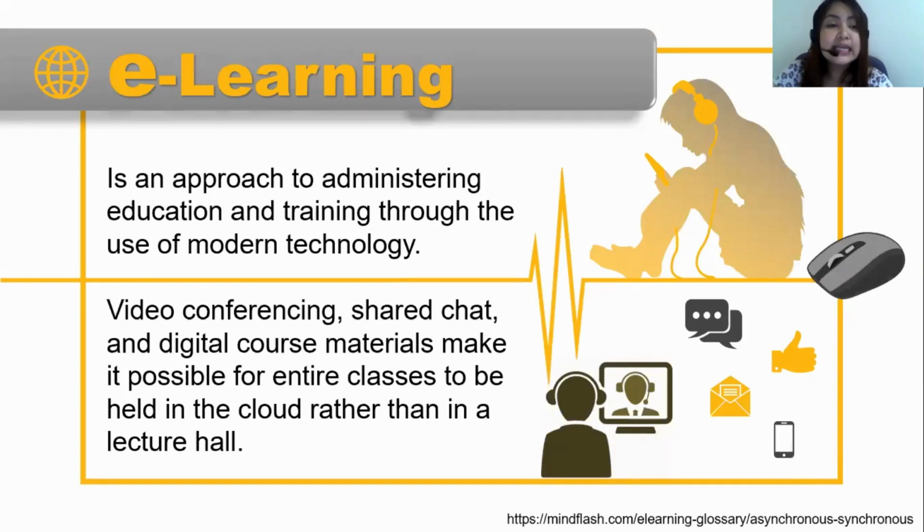Another is e-learning, or what we call electronic learning. It is an approach to administering education and training through the use of modern technology, such as video conferencing, shared chat, and digital course materials, that make it possible for an entire class to be held in a cloud rather than in a lecture hall.